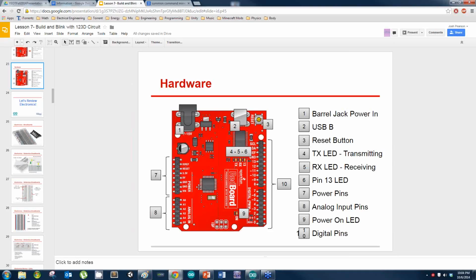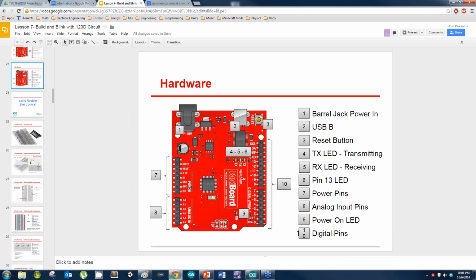So, a few of the main things here. One, this is of course how it connects to your computer. Two, this rail here that says power. This is how we're going to reference different power voltages, but we're not going to be doing it tonight. This is where power both comes out and comes in.